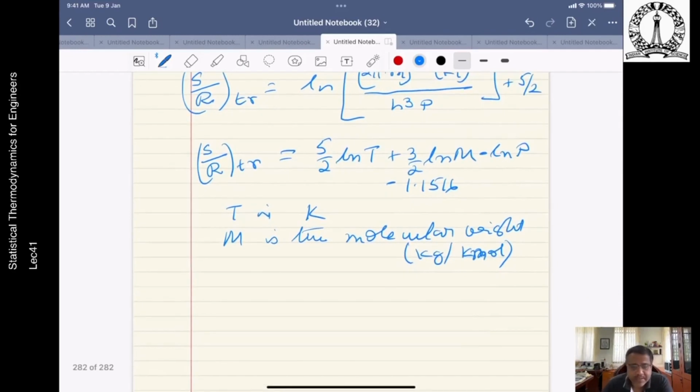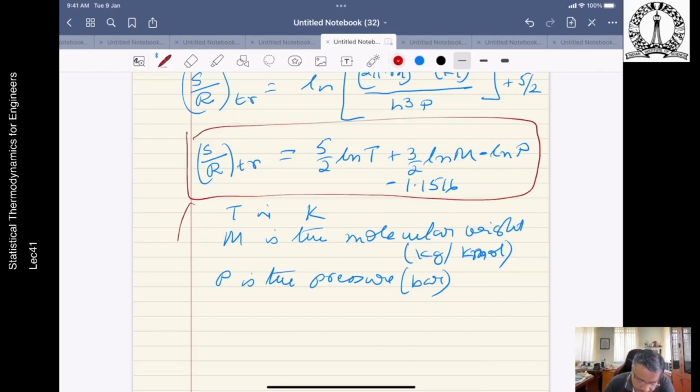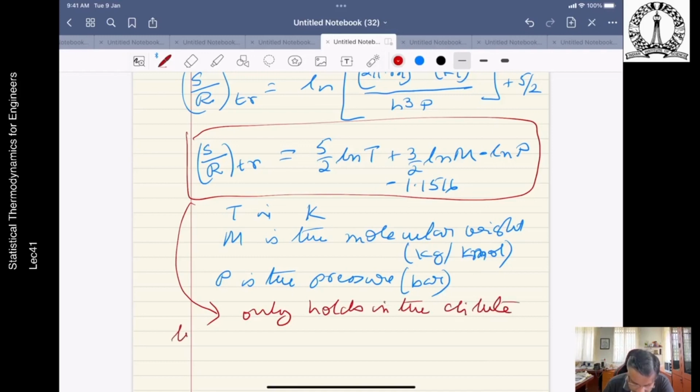P is the pressure, in bars. This equation only holds in the dilute limit, and is not appropriate when the temperature approaches absolute zero. So this is the form that we see.